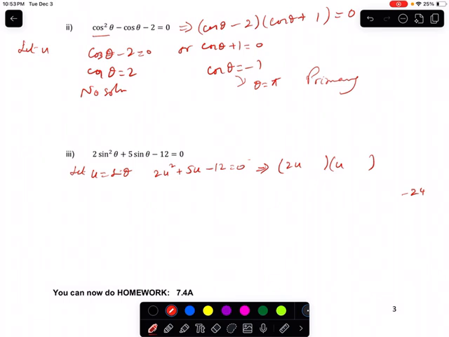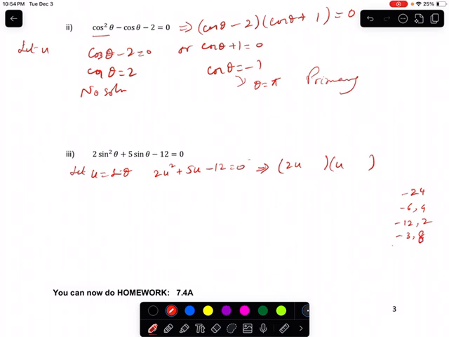So if you look at negative 6 and 4, no. Negative 12 and 2, no. Negative 3 and 4. No, sorry, 3 and 8. Yeah, that works. Negative 3 and 8.